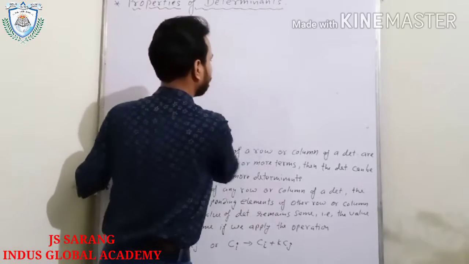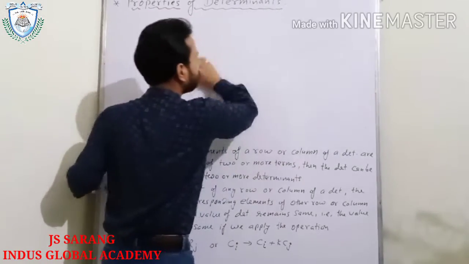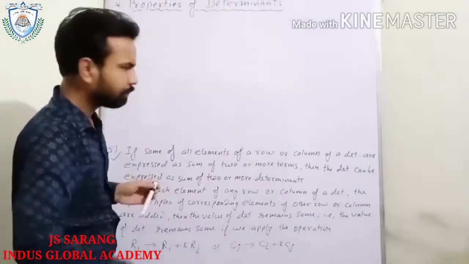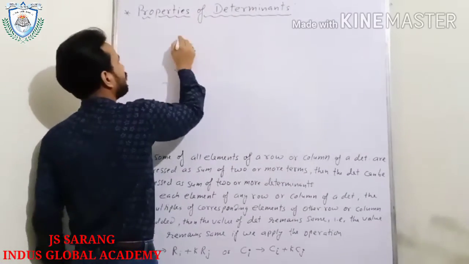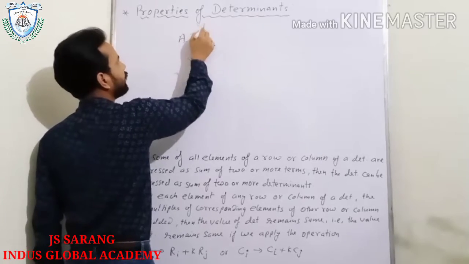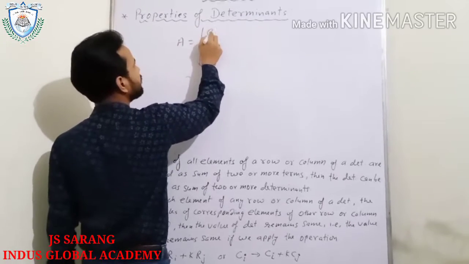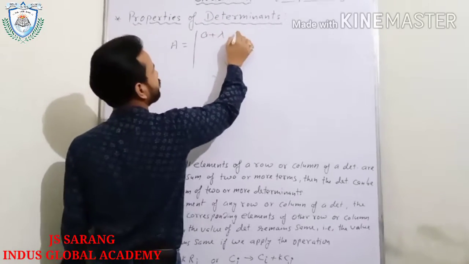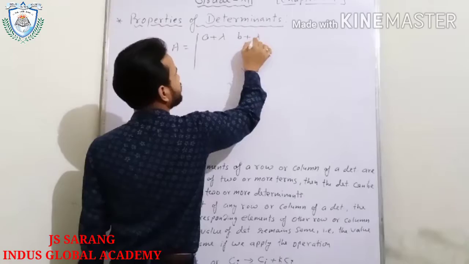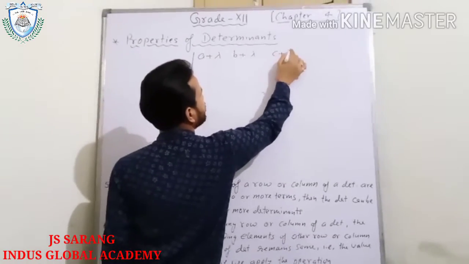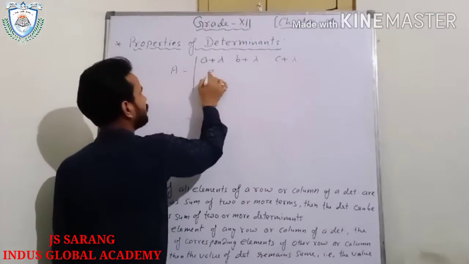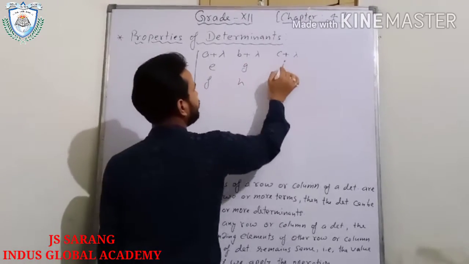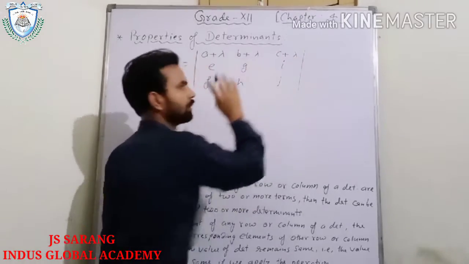So property number 5, I am explaining by taking an example. For example, there is a determinant A like this: A plus lambda, B plus lambda, C plus lambda, E, F, G, H, I and J. Clear?